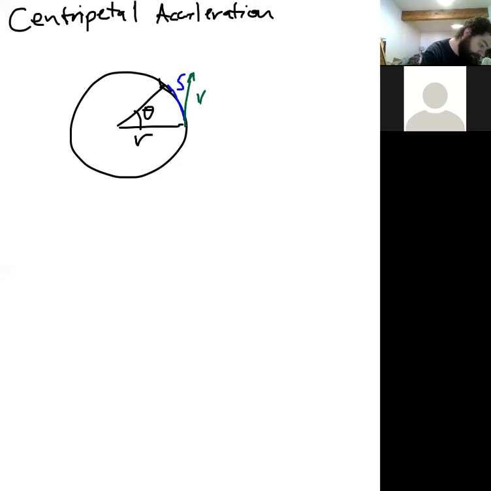So that's going to be V, I'll call that V1, and that's V2. The way this works, and it breaks it down in your book, is that each one of those vectors is going to be the same length, but you can see that as it's going around a circle, the direction is changing.